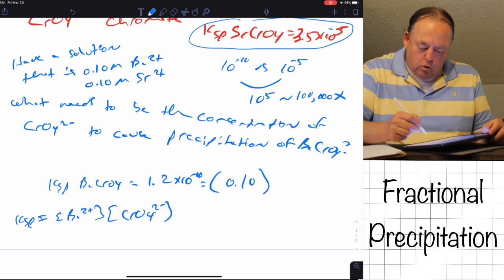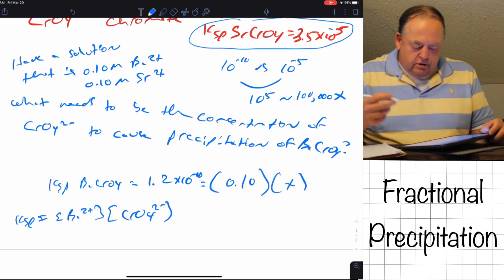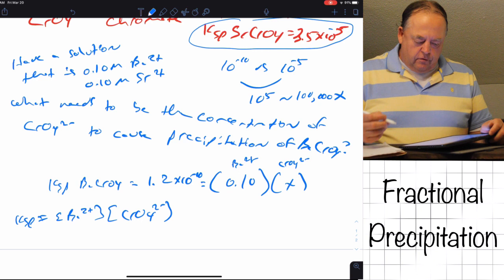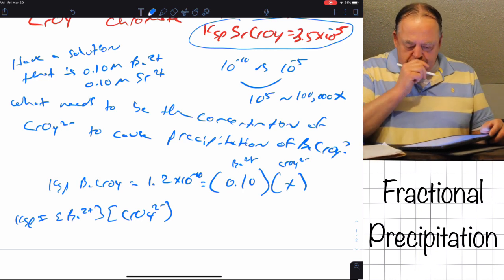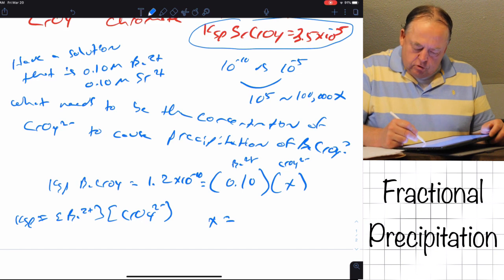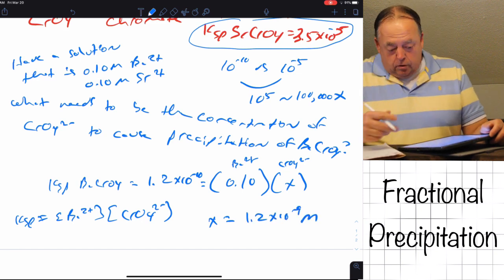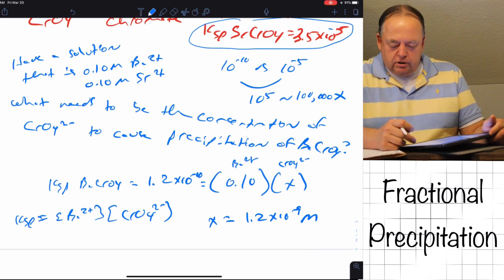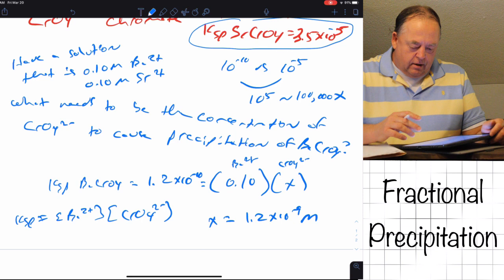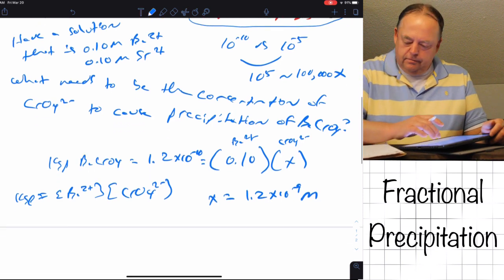If the barium is 0.1 molar, then what does the concentration of chromate need to be for this to precipitate? Just solve for x. So x equals 1.2 times 10 to the minus 9 molar. When the chromate concentration reaches 1.2 times 10 to the minus 9 molar, barium chromate will start to precipitate.